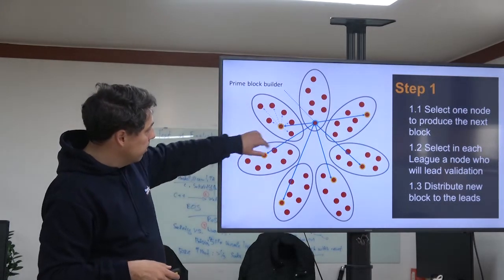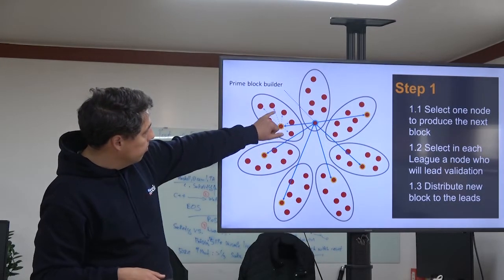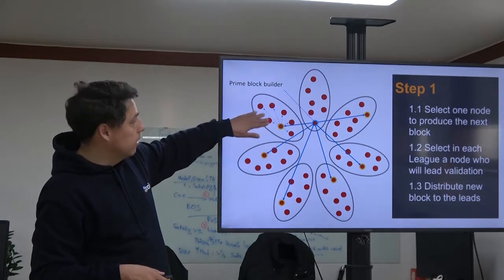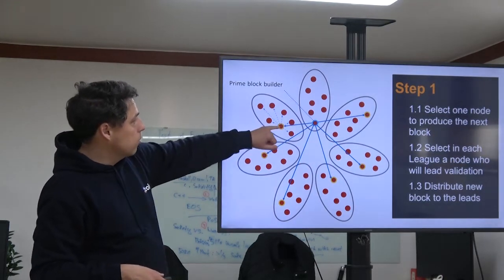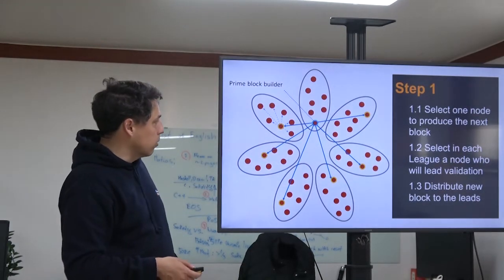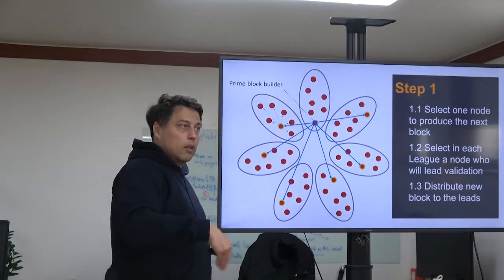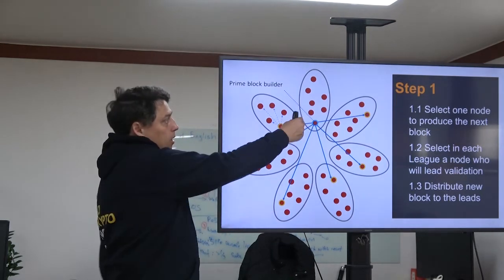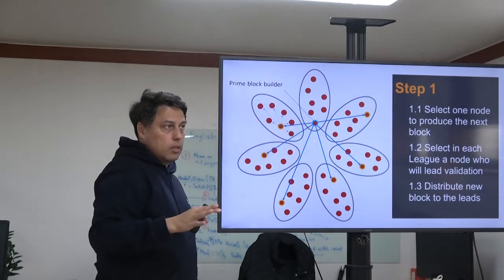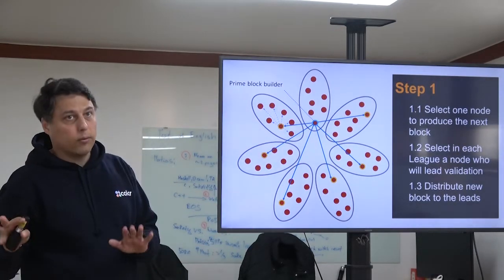So the second step is that the network, due to its locality, is expected to be much faster. Here is the second transfer, from 6 leaders to their league nodes. If this is done sequentially, like this node sends 1 by 1, and this also sends 1 by 1, it is like 12 transfers, not 48.